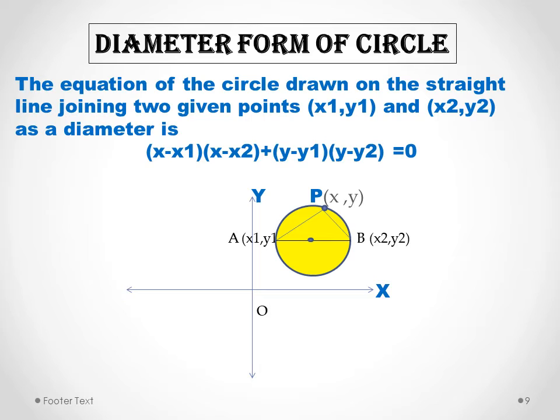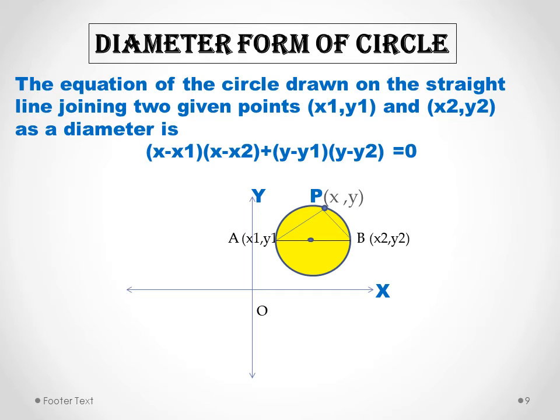So if 2 points, x1, y1 and x2, y2, are given to you, and you have to find the equation of a circle drawn on the straight line joining these 2 points, that equation will be (x minus x1)(x minus x2) plus (y minus y1)(y minus y2) is equal to 0.